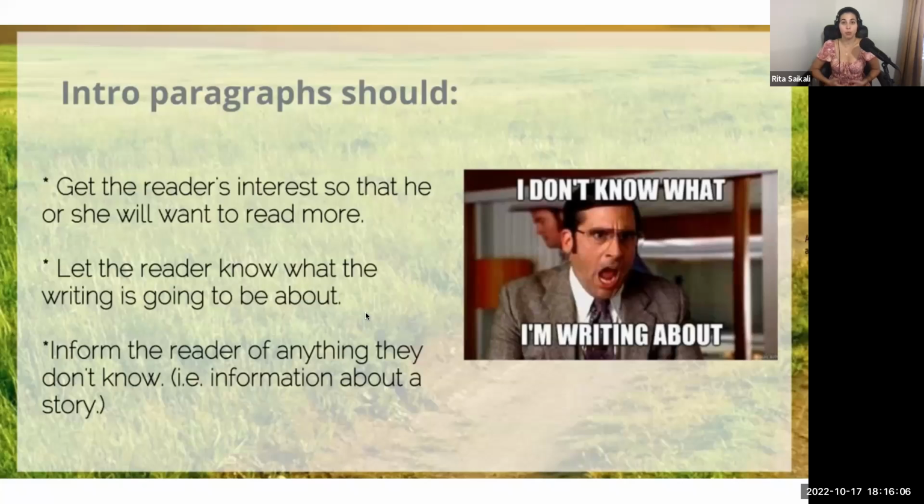If you don't tell the reader what they can anticipate from your essay, then they don't want to read anymore. The third thing you want to do is inform the reader of anything they don't know: not necessarily examples, but mainly backstory information that they need to know in order to understand what you are writing.